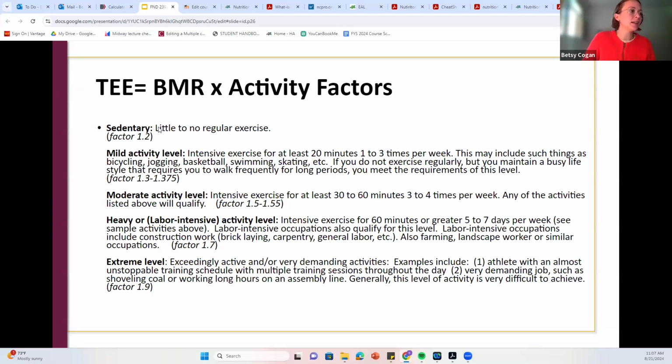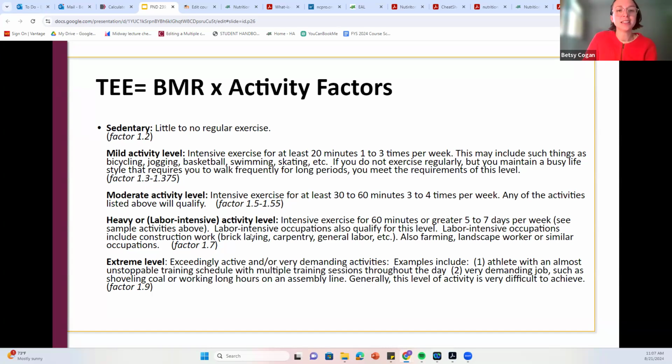So you'll see, right, sedentary, there is a multiplier. So we are increasing calories, even if that person or client is immobile. But then we increase the activity factor as activity changes and calorie needs increase.